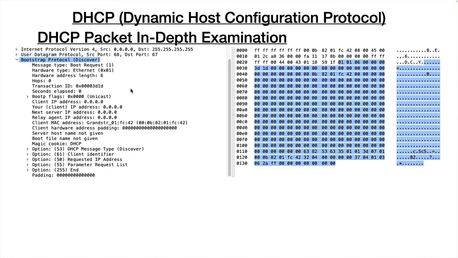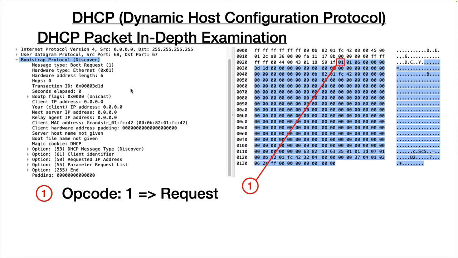I clicked on where it says BootP, even though it's DHCP. So since I clicked on that and it's highlighted in blue, the entire DHCP packet is highlighted on the right side in blue. So we start out with the opcode, which is 1. That means this is a DHCP request.